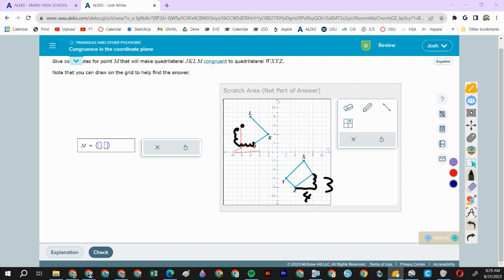So if I went over 4 and up 3, would this side match the remaining side? No. So I did it wrong. So if you're unsure which one to use, try one. So 1, 2, 3, 1, 2, 3, 4. And then check and see, does this line up with that? Yes.